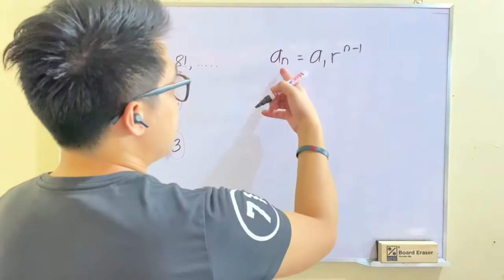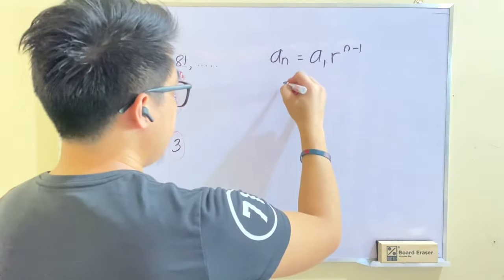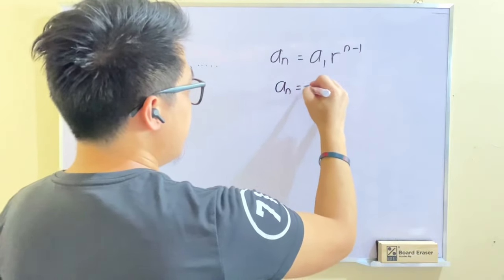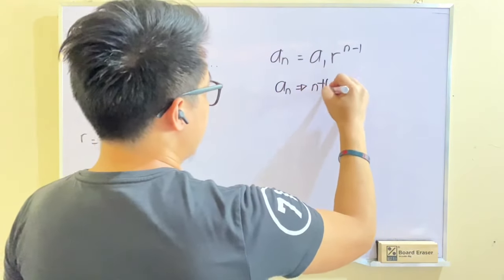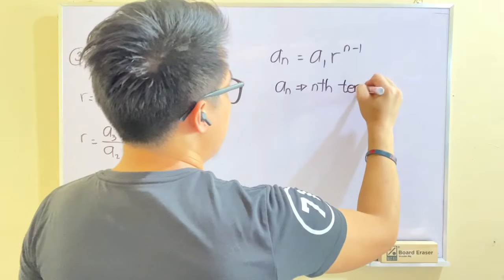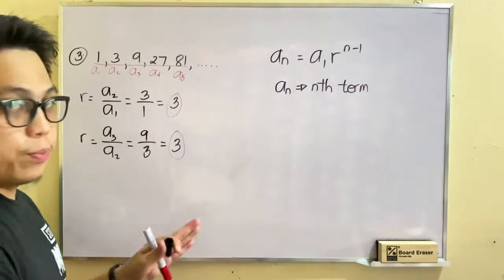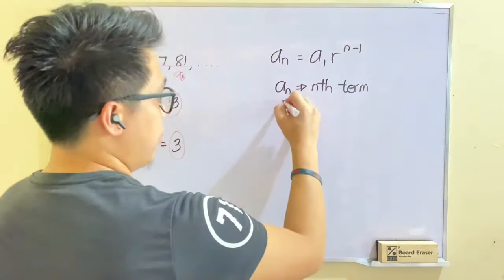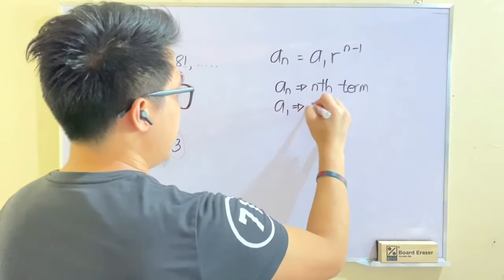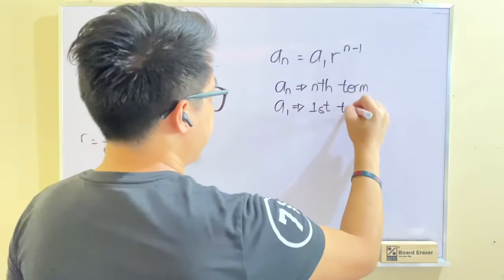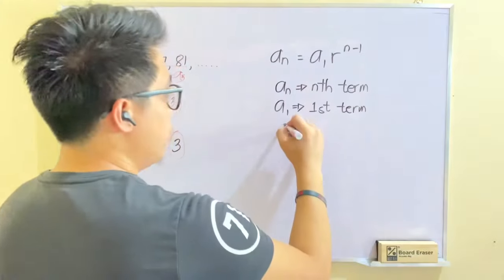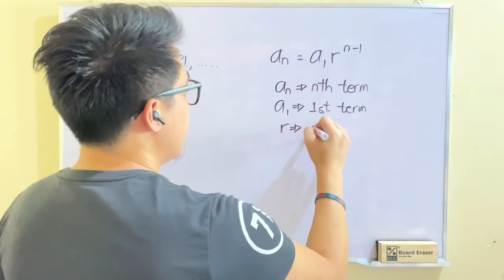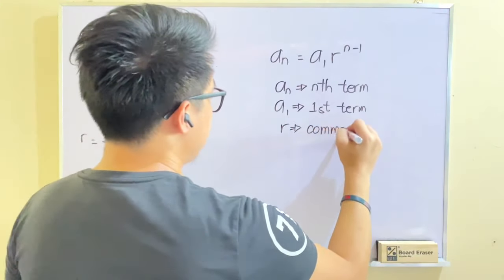So, ano yung a sub n? A sub n is the nth term or siya yung hinahanap na term sa question. Yung a sub 1 is of course the first term. Then, yung r, yan yung ating common ratio.